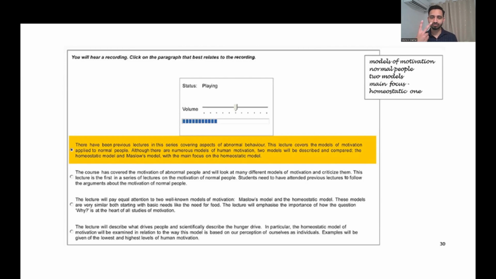So you talk about two models, right? The homeostatic model and Maslow's model, with the main focus on the homeostatic model, and our main focus was the homeostatic model. So if you noted down all these keywords, it's going to help you to select that correct summary, okay? This is how you want to do it.